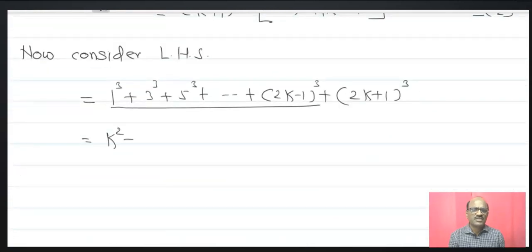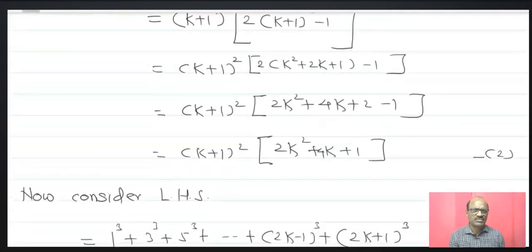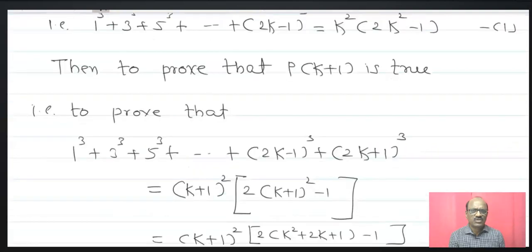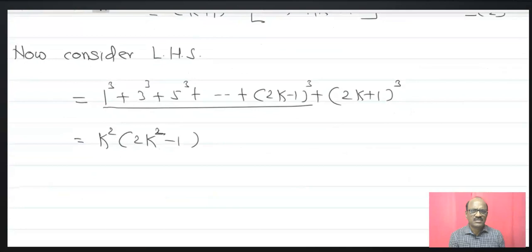Now the value of this is from step 1, that is, we have substituted it. It is k square in bracket 2k square minus 1 plus 2k plus 1 bracket cube. Now evaluate this.